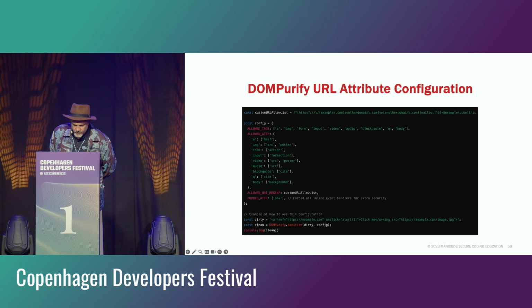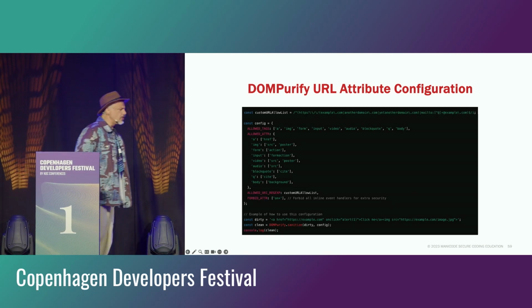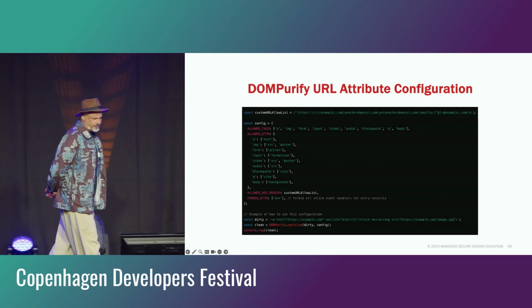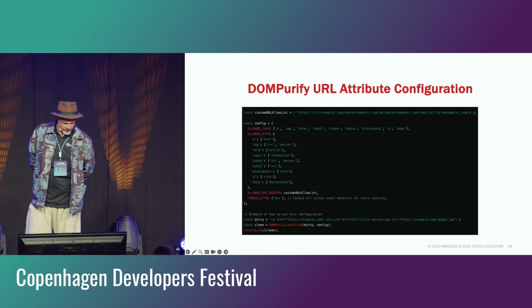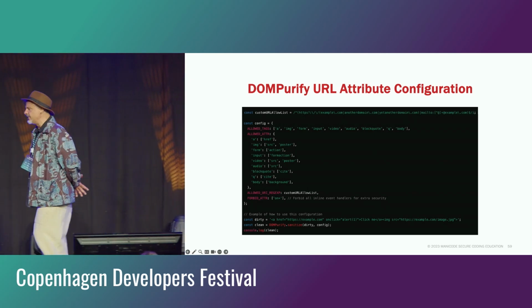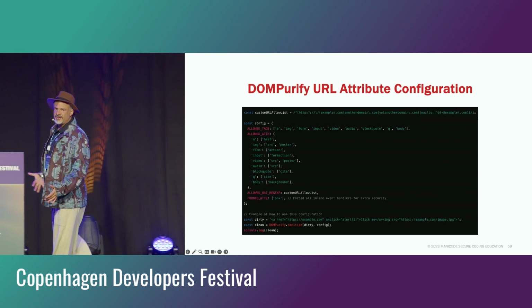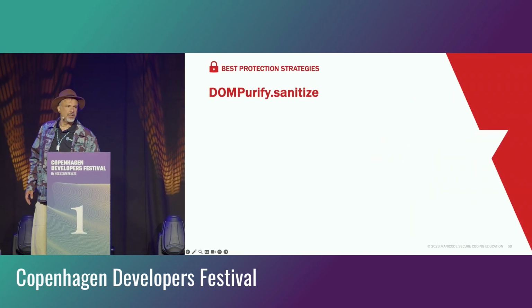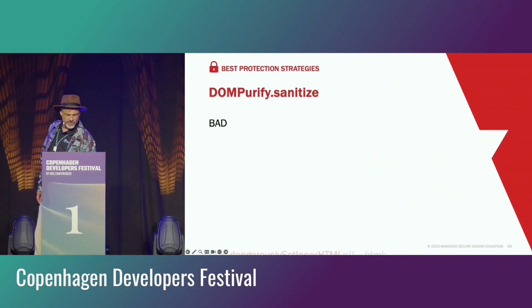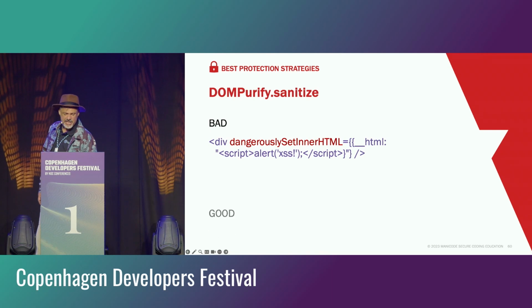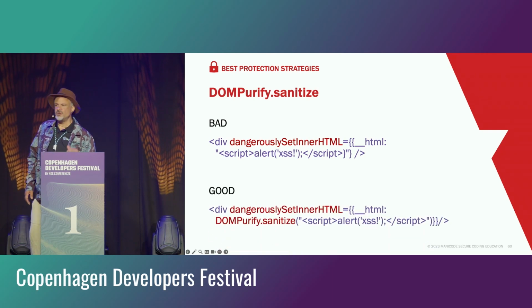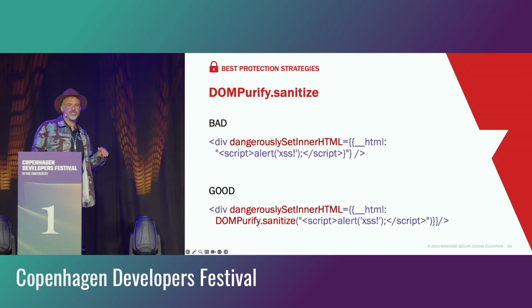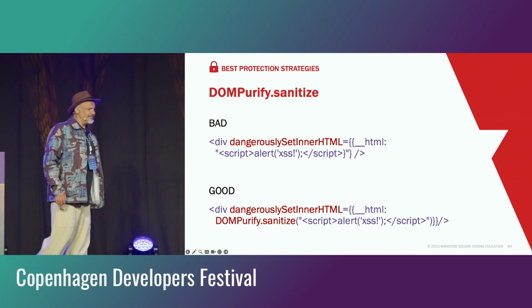And so I can also do even more in-depth configuration of DOMPurify to limit where those URLs are allowed to land. Honestly, for the most part, you could just use DOMPurify raw and just allow it to clean any HTML and render it, and you're going to be safe from JavaScript execution. That's the main goal of that library.